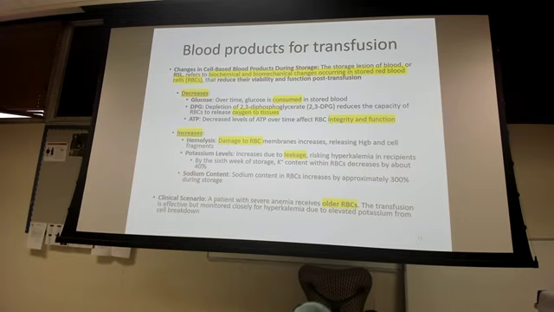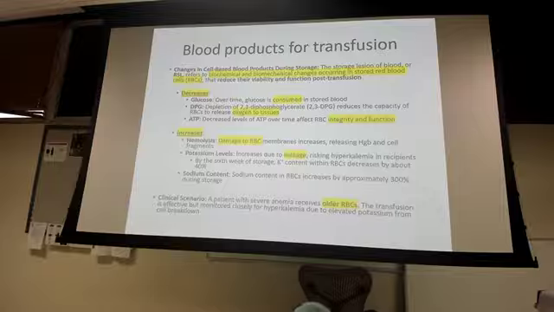All right, changes in cell-based blood products during storage. So things that can happen while it's sitting in a refrigerator. Glucose can decrease over time, DPG can decrease, and the ATP can decrease over time with these blood products, okay? The big one is the increases when sitting in the refrigerator.